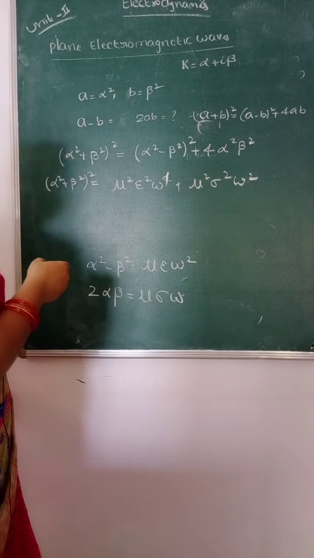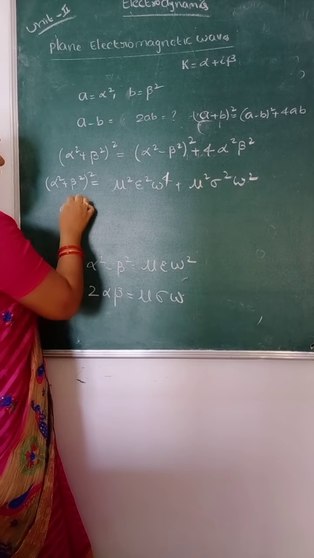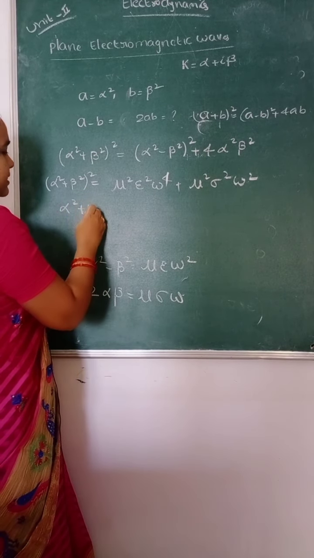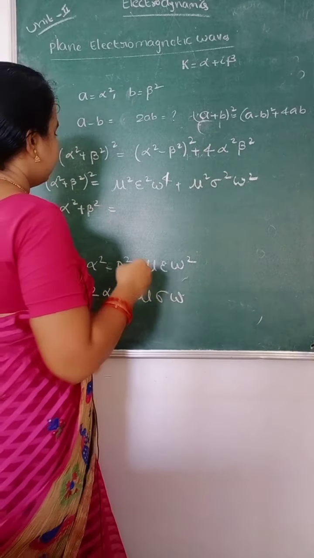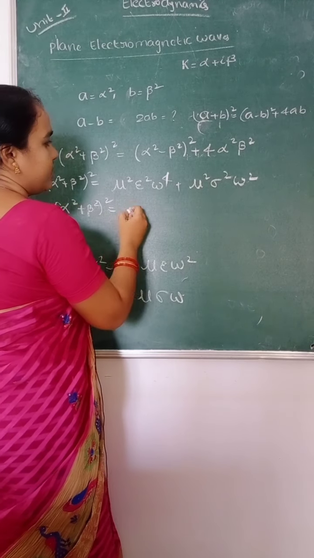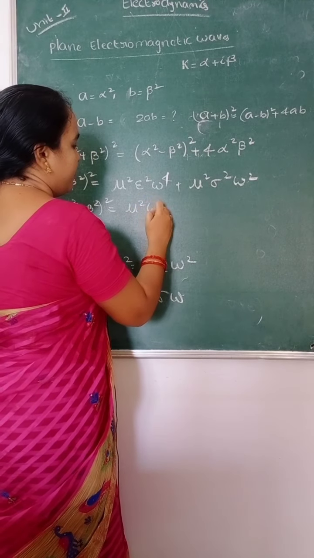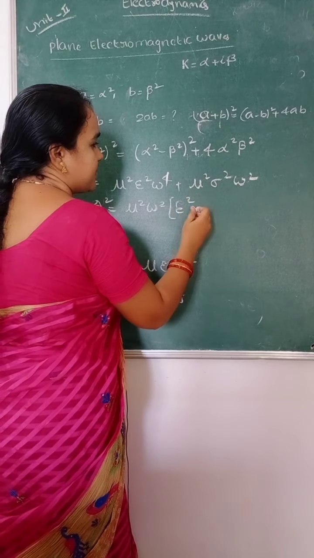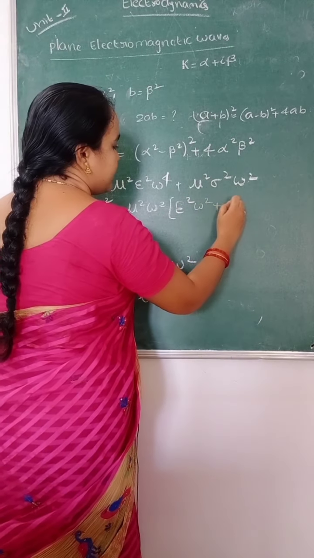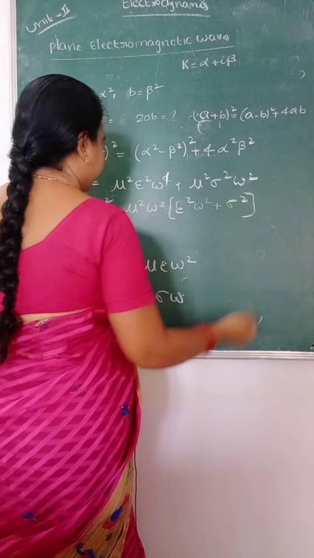Then what is the value of alpha square plus beta square? If you take the common terms, mu square omega square are common. The remaining terms are epsilon square omega square plus sigma square.